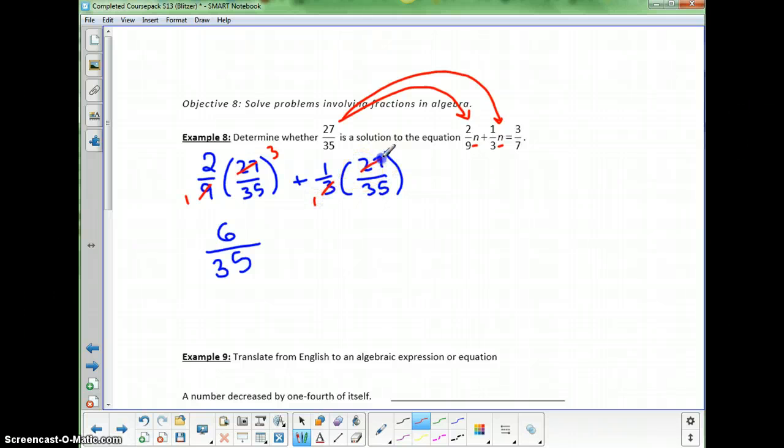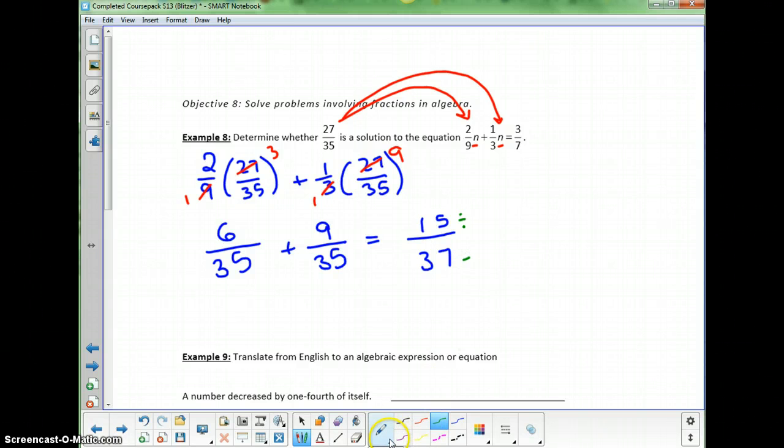A little bit of reducing over here as well. 3 goes into 3 once, and 3 goes into 27 9 times. So that's going to leave us with 9/35. If I add those up, 9 plus 6 is 15/35. Okay, doesn't look like it's equal to 3/7 yet, but if I reduce, I meant to write 35.